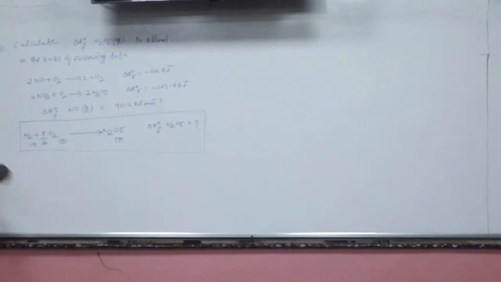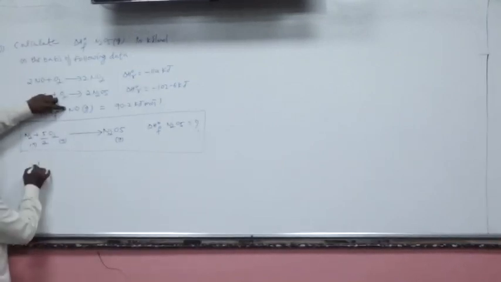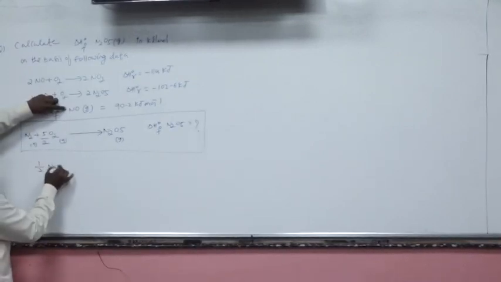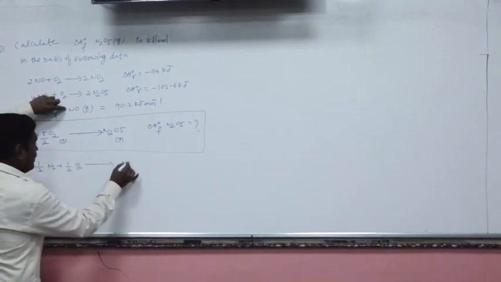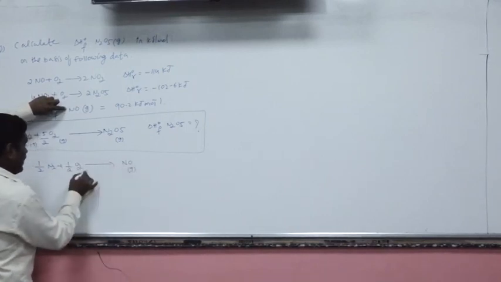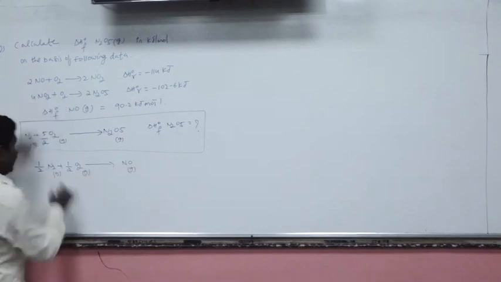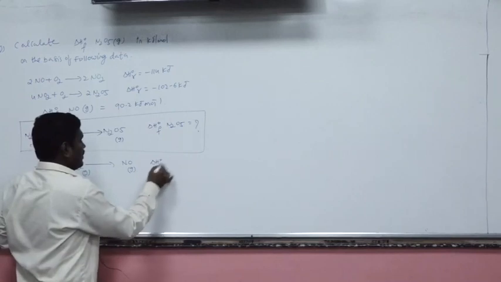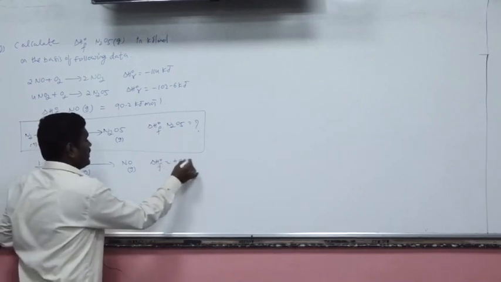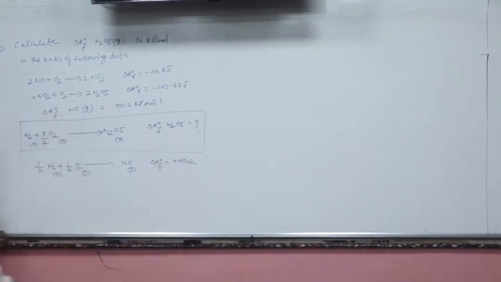Now what is the given data? Enthalpy of formation of nitric oxide is given. So half N2 plus half O2 gives NO. Yes or no? This is the value given to you, 90.2. Now I require N2 1 mole, but here half mole.